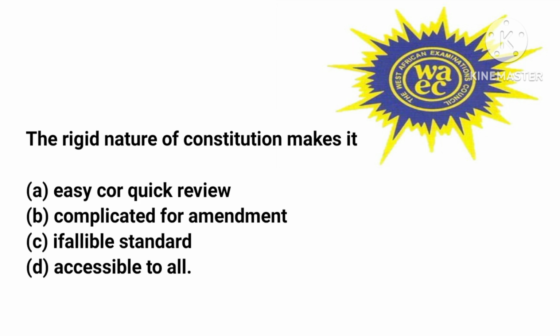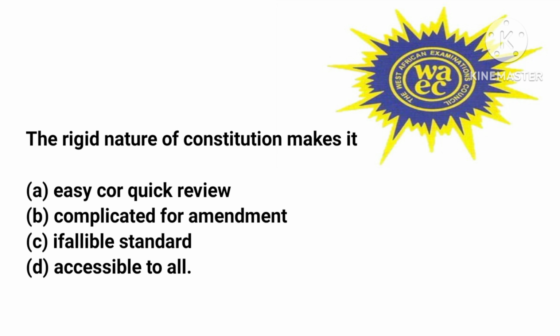On question 15, we have: the rigid nature of a constitution makes it dash. Option A, easy for quick review, B, complicated for amendment, C, infallible and standard, D, accessible to all. I believe you already know what a rigid constitution is.